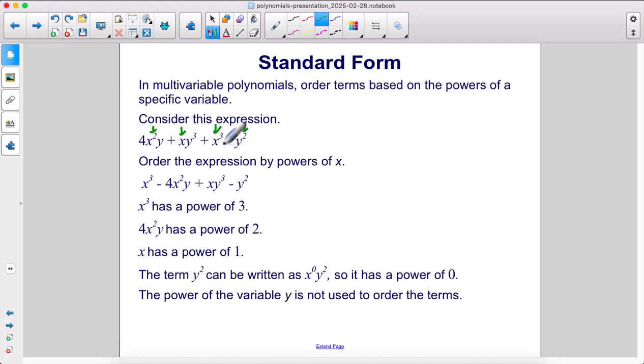So first we're going to have x cubed. That one goes there. Then we have this term x squared, x to the first, and then x to the 0. The term y squared can be written as x to the 0 times y squared, therefore it has a power of 0. The power of the variable y is not used to order the terms.